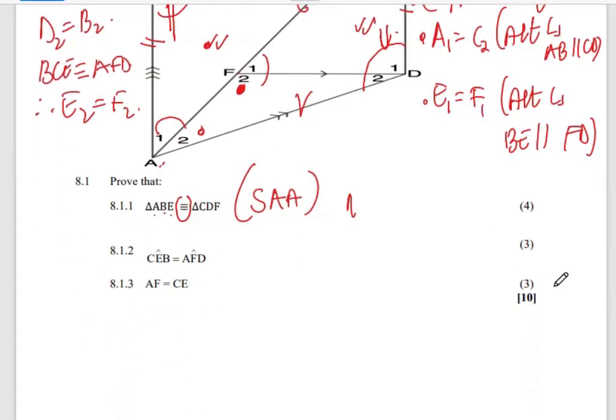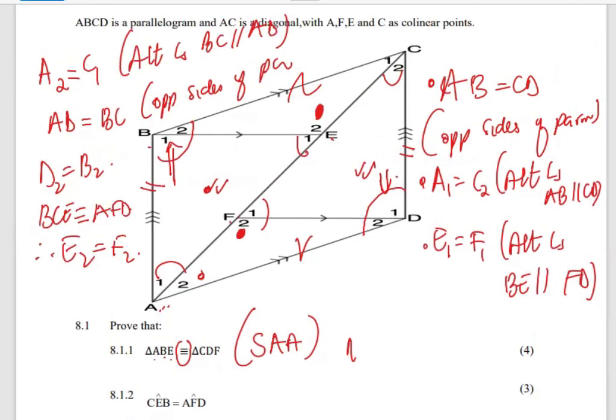Then how do we prove that AF is the same as CE? So since we've proved that the two triangles are congruent, I think we can take the basis from there. That C1 and A2 we already know.